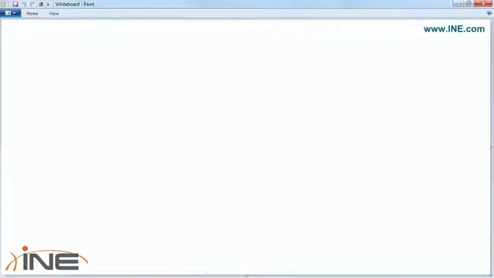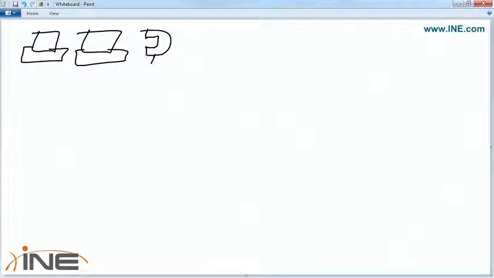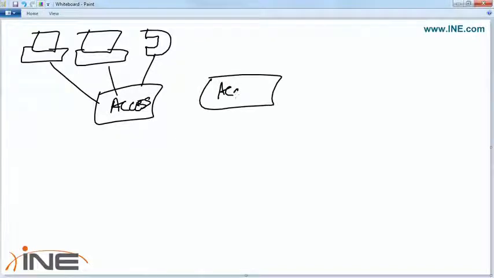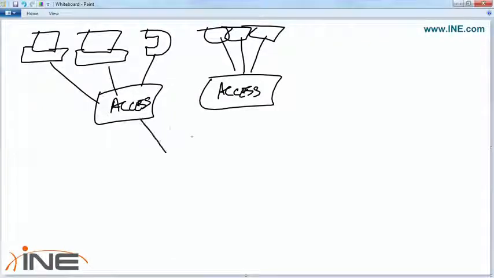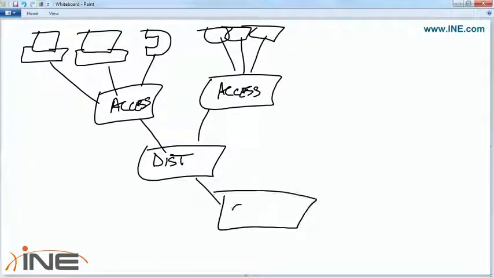If you were to visualize this, you have your endpoints, like your hosts or your IP phones, plugging into the access. Then you generally have multiple access switches connecting to the endpoints. So these are individual hosts. Then somehow these are going to connect to the distribution layer, and then eventually get to the core.